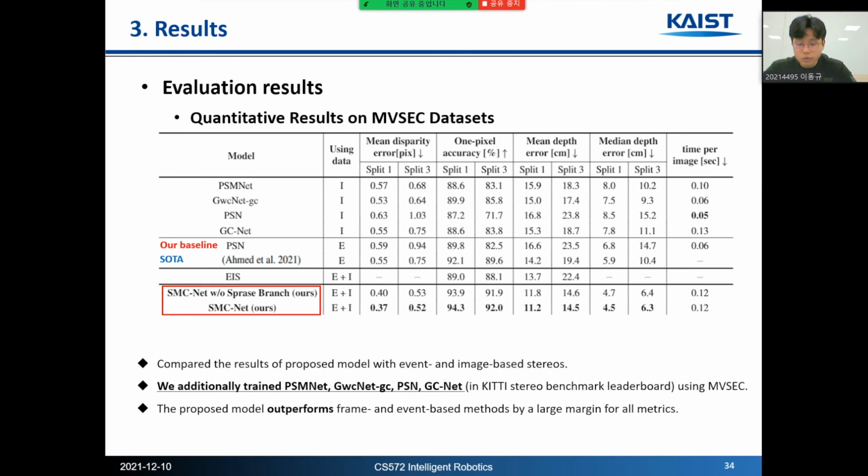The proposed model SMCNet was trained without a sparse branch and was also trained after adding it. We also compared a recently published paper that uses both images and events in stereo. In all performance evaluations, the proposed model outperformed the other models, and the time required to generate the disparity map did not increase significantly.